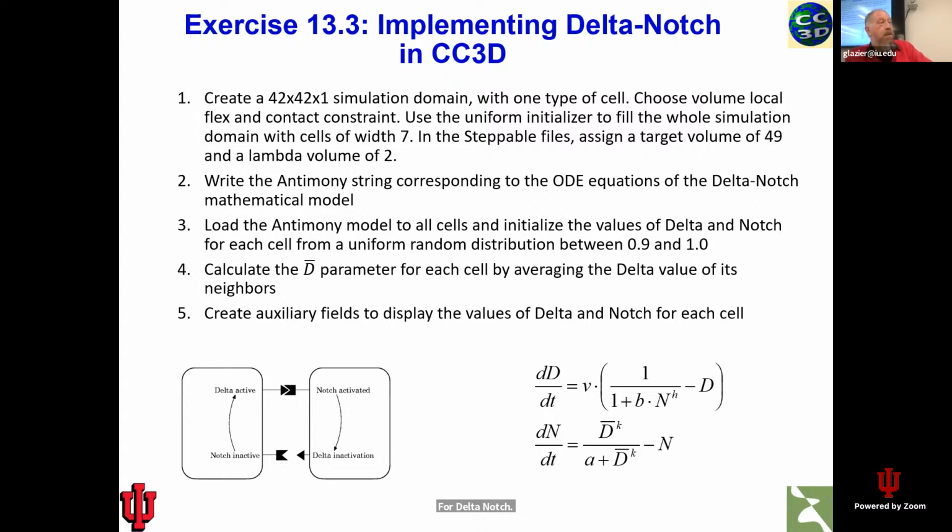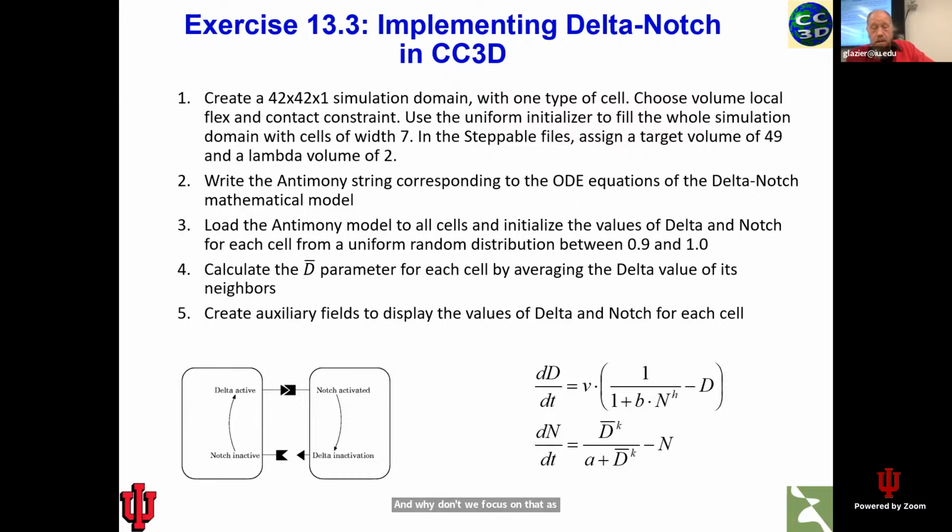Load that model into each cell. Make the initial values of delta and notch random numbers between 0.9 and 1. So you're going to make them almost 1, but not quite, with random values. And why don't we focus on that as your initial task?